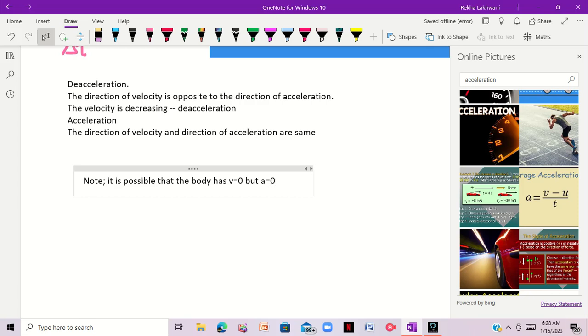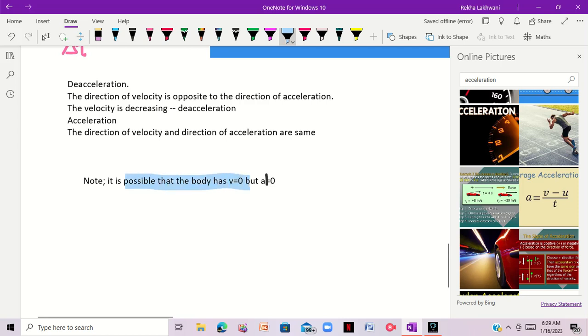Okay, I'm unable to find the not-equal-to sign, let's put it by myself, right? So it is possible that a body has velocity equal to 0 but acceleration is not equal to 0.